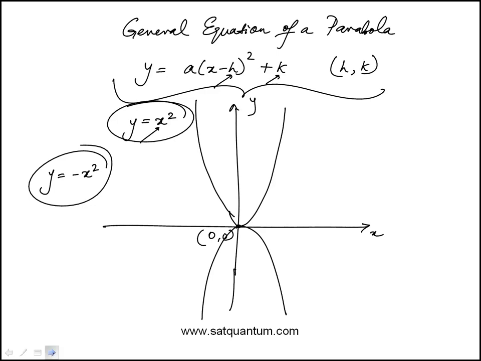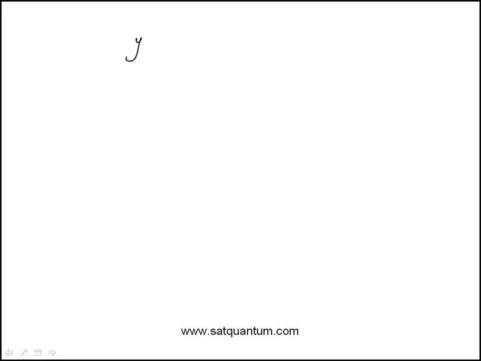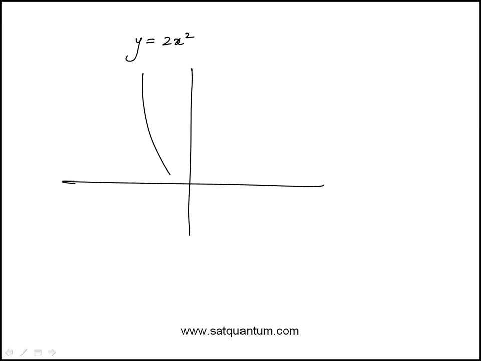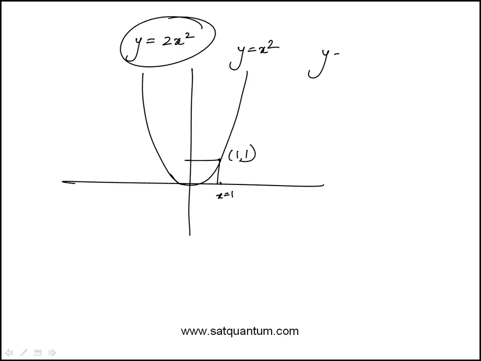And the other variation is, if instead of y equals x squared, it's 2x squared, what happens to the graph? Let's say this is y equals x squared. We notice when x is 1, y is 1, so this point is (1, 1). Now we want to plot y equals 2x squared. When x is 1, now y would be 2.